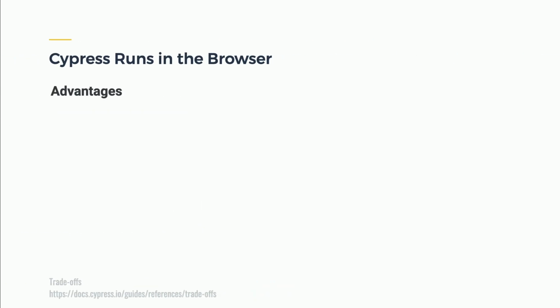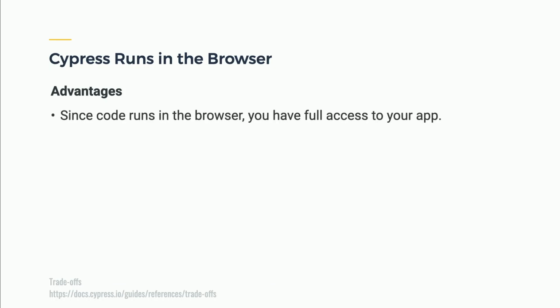Okay, so I just mentioned how Cypress runs in the browser, and there is an advantage to that. Because the code is in the browser, you have full access to your apps. So with Selenium and even Playwright, in order to talk to the browser, it's whatever the browser API gives you.